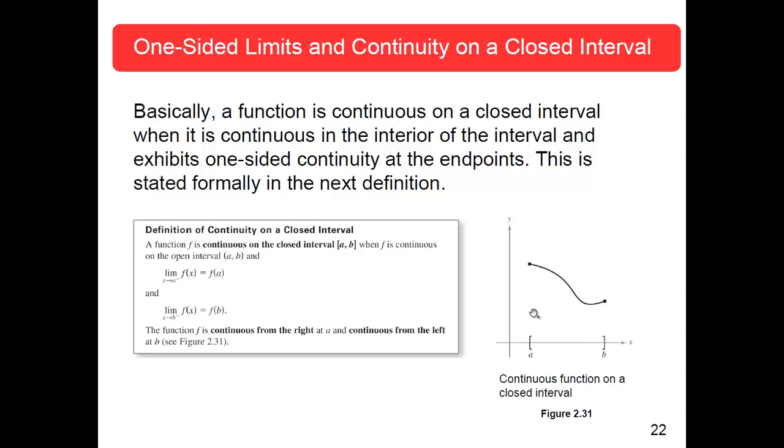So let's say that f of a was defined down here where my cursor is, then that function would not be continuous on the closed interval. And you want to do an analogous method for the other endpoint b. You want to look at the left-hand limit as x approaches b and verify that that equals f of b. This is really easy to take care of. It's not hard at all.